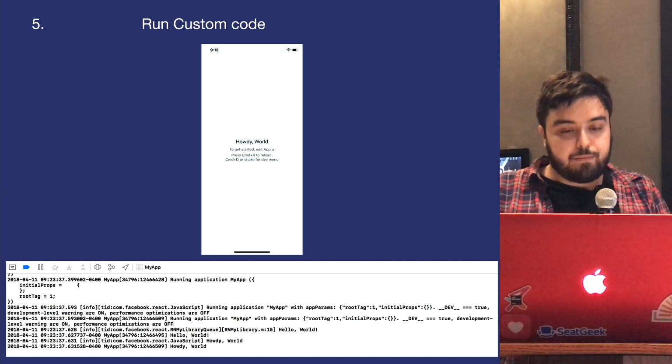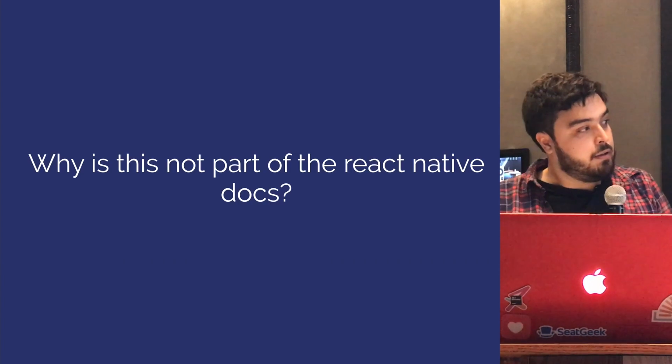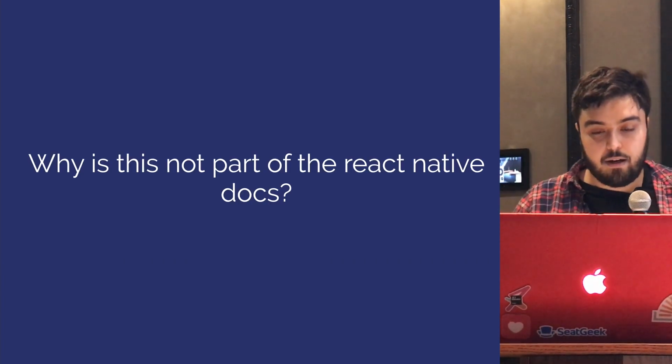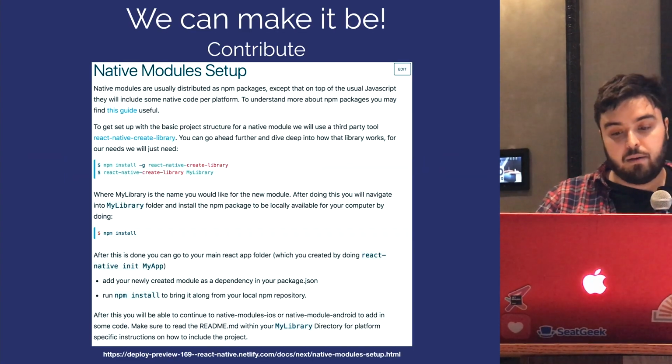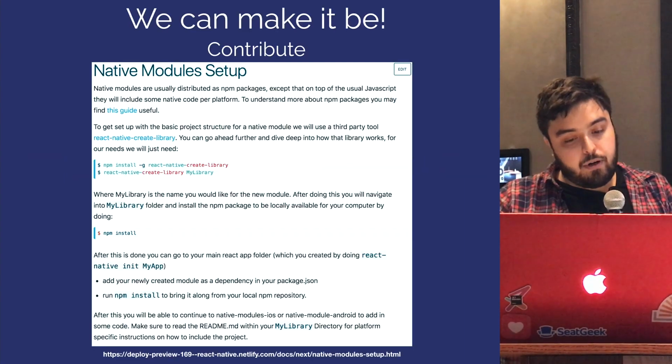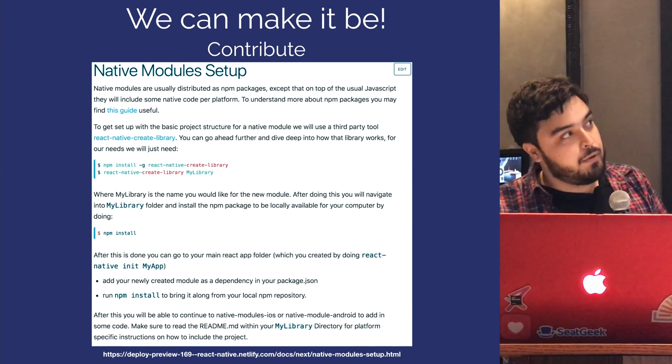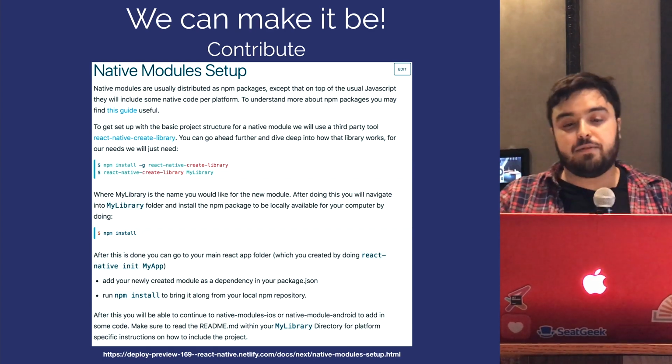And then you can run your code. The code that we had in the first slides, we run in the simulator, and then we get both the log for the first function that we defined, and then howdy world was the output of the React Native function with callback.